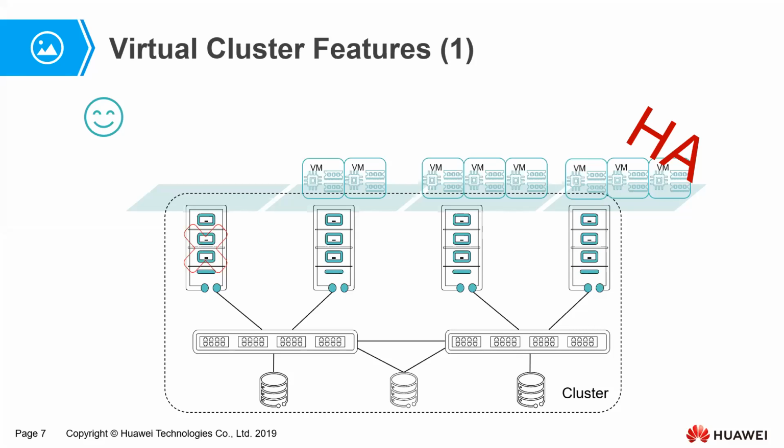When we are using Huawei FusionCompute as an example, they use what they are calling a heartbeat mechanism. This heartbeat mechanism is run inside a process or a service on one of these hosts.